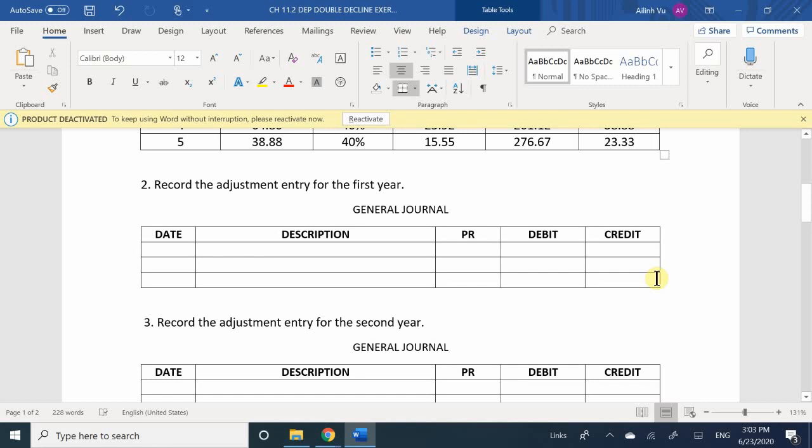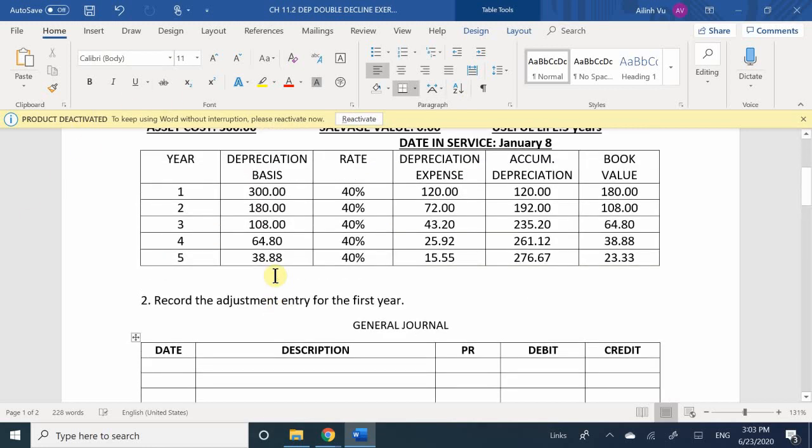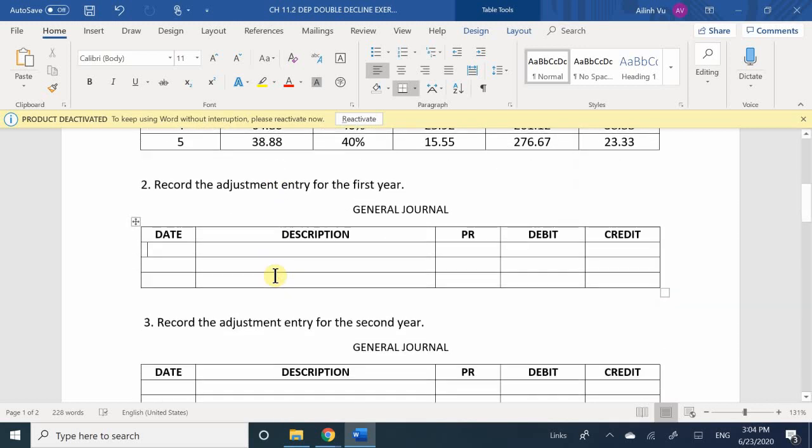So let's go ahead and depreciate. What is the adjustment entry for the first year? So let's go ahead and journalize this. Here, how much was the depreciation expense for the first year? $120.